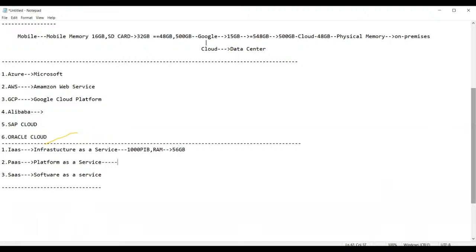Suppose, guys, what is a platform? A platform is generally a type of operating system. We are using Android as an operating system, and Apple is using some other operating system.